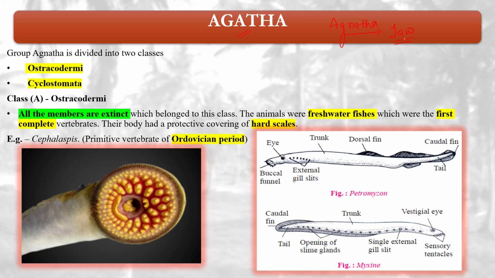Agnatha is divided into two classes: Ostracodermi and Cyclostomata. Agnatha simply means jaw is absent.